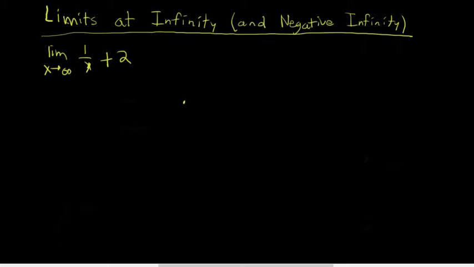Hopefully you remember that when you have some function plus a constant, that's just that function translated. If you have a function plus the constant 2, the graph of that is just the function translated 2 units upward on the y-axis.